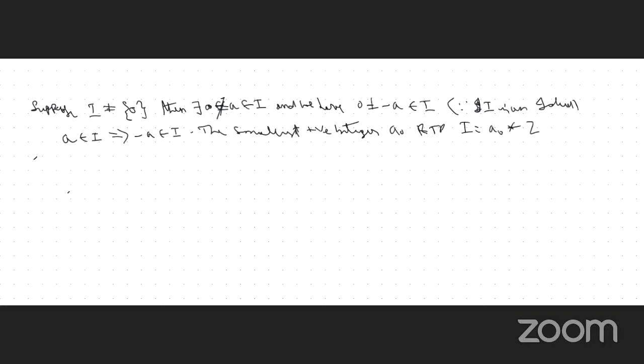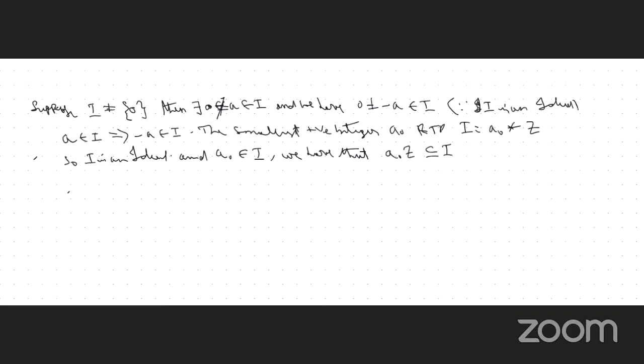Then, since I is an ideal and a0 belongs to I, we have that a0 Z is a subset of or equal to I.